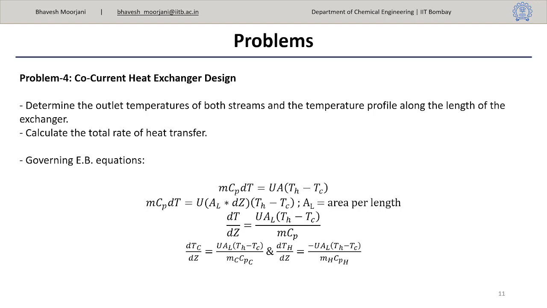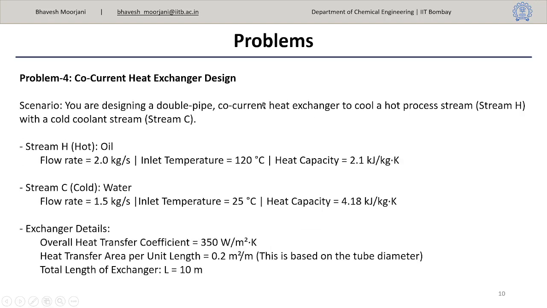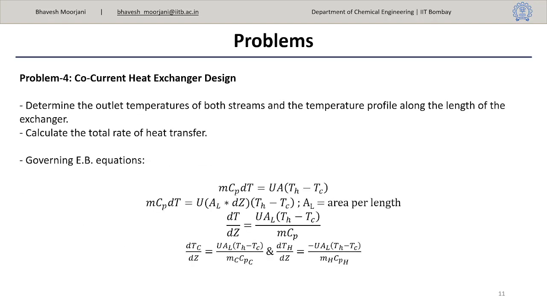We have been asked to determine the outlet temperature of both streams and the temperature profile along the length of the exchanger. If only the outlet temperature was asked, then it's just solving a normal heat balance. Your Q is equal to UA delta T, and that becomes M Cp delta T. If you solve these equations, you will find the value of your outlet temperatures.